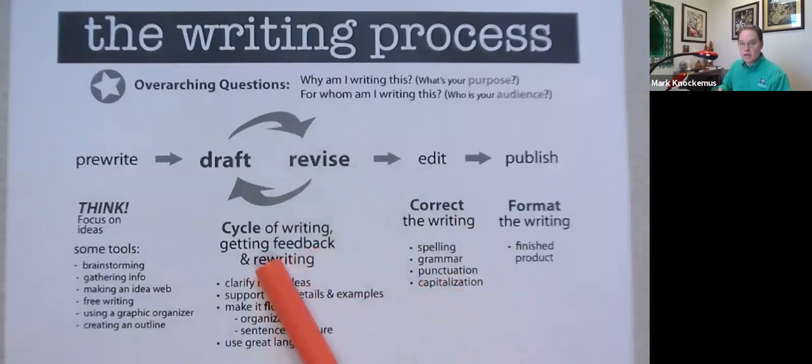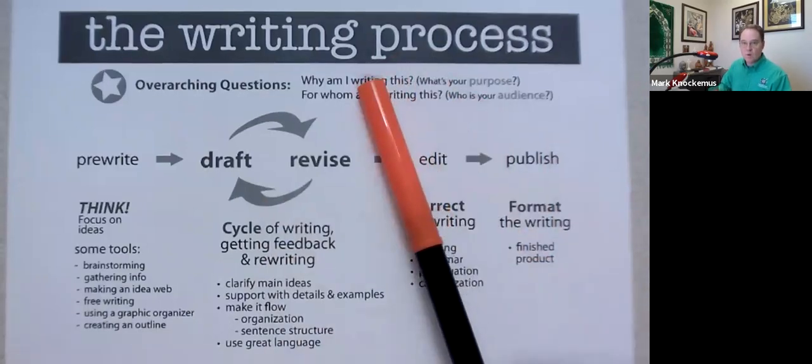If you don't have good ideas and good content, it doesn't matter if everything is punctuated and spelled correctly. If you have bad ideas and push them forward and polish them up, guess what comes out at the end? A shiny, bad paper. So content, then correct it, and then you get your finished product.